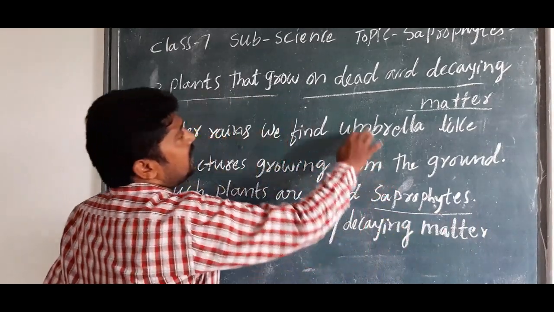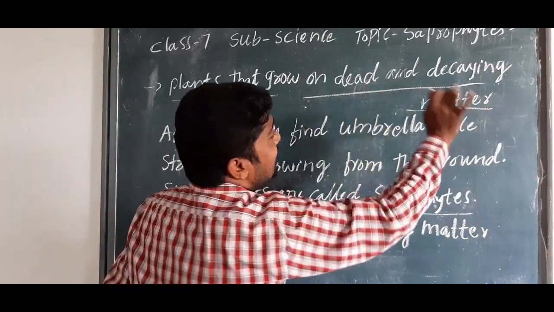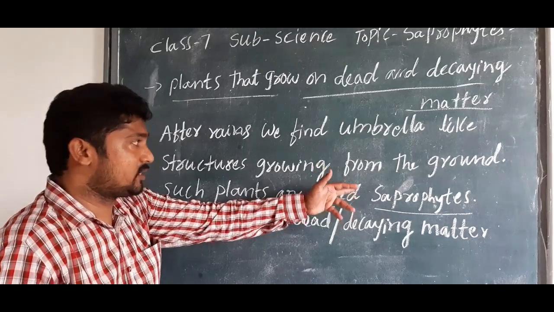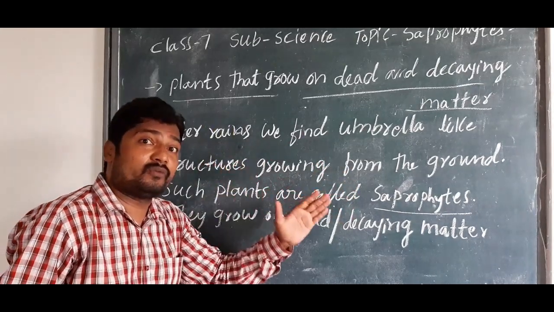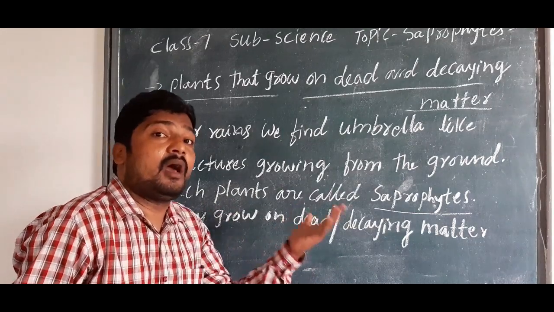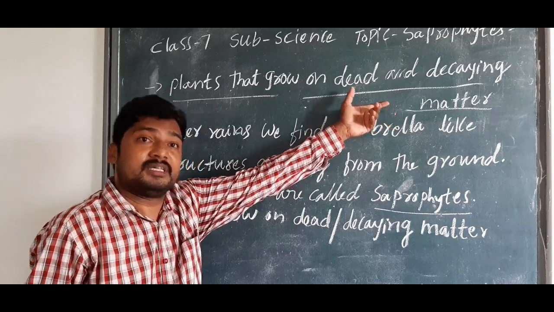Saprophytes are plants that grow on dead and decayed matter only. These are called saprophytes. They cannot prepare their own food. They depend on other nutrients or other organisms, isn't it?